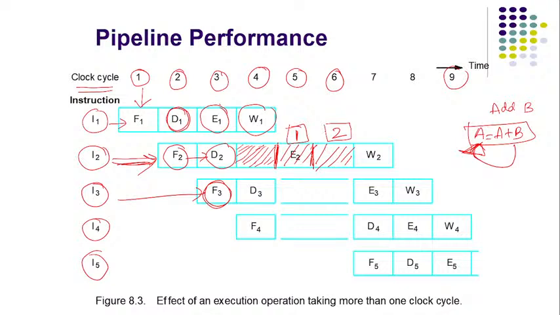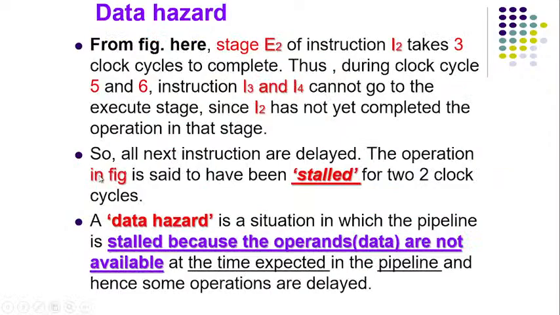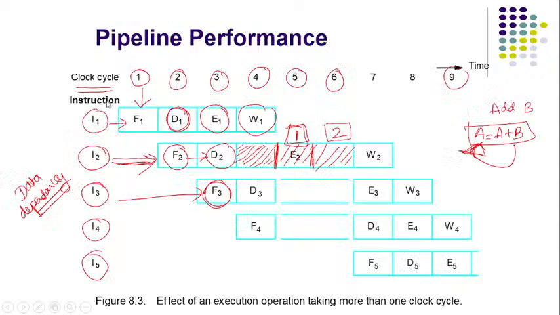So why does this delay occur? It occurred because of the data dependency. So from the figure, the stage E2 of instruction I2 takes 3 clock cycles to complete.